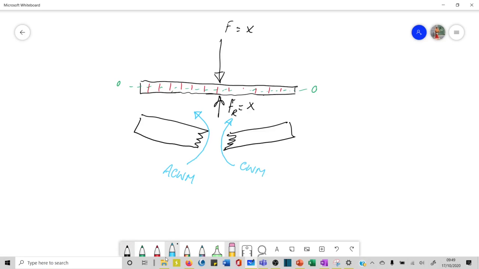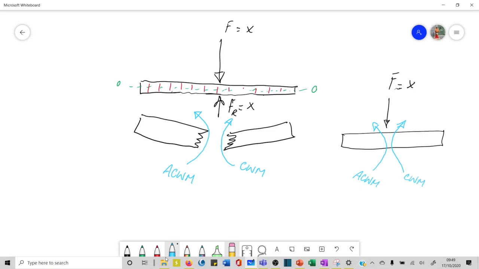Okay, so let's take a view like this. If we draw the same beam and we've got a force down, force equals X, then we've got an anti-clockwise moment and a clockwise moment there. Both of them would equal FR, so it's a resistant force.